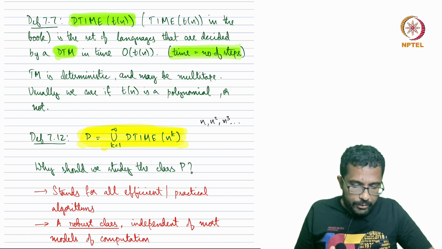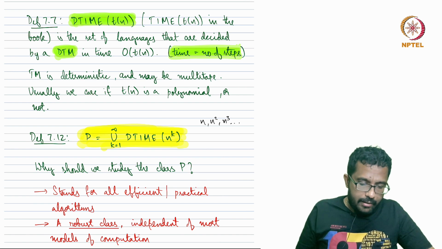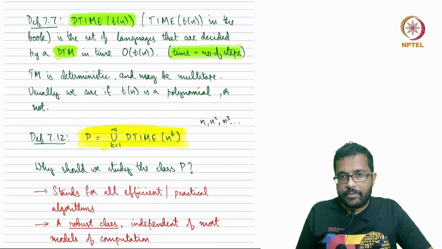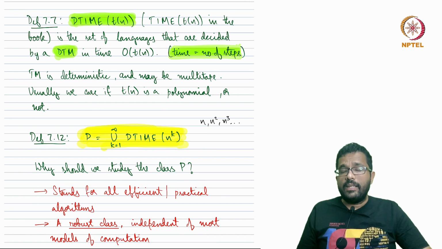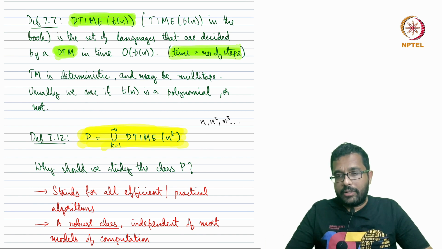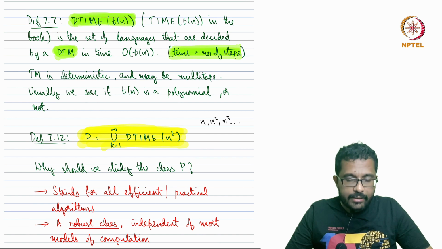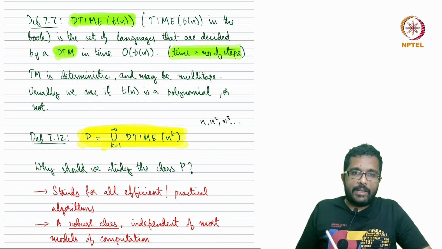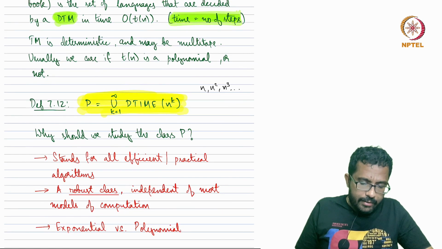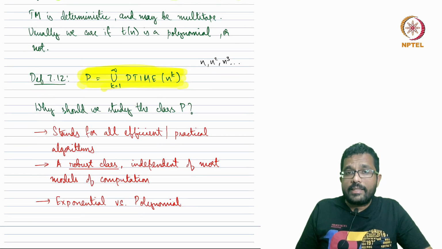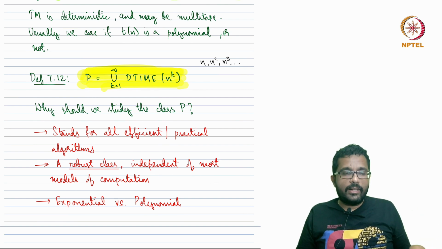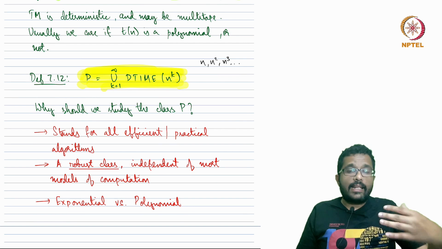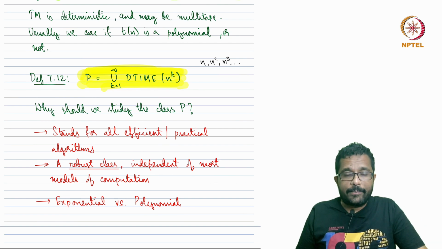We are going to be hearing about P much more in the rest of the time we are discussing time complexity, and even outside this course, if you are reading algorithms or some other branch of computing itself, you may encounter the complexity class P. That is because it's a very significant and important complexity class, because it stands for all the efficient and practical algorithms, right? So P stands for all the languages that have efficient and practical algorithms, right?